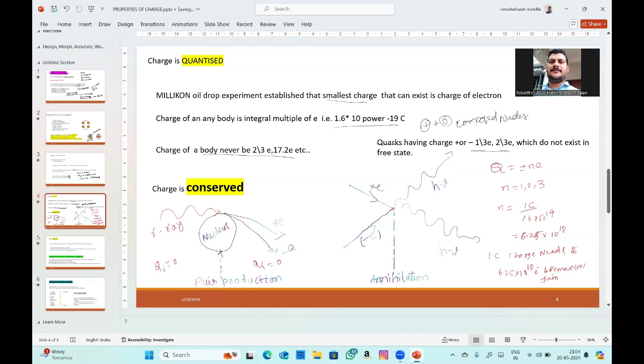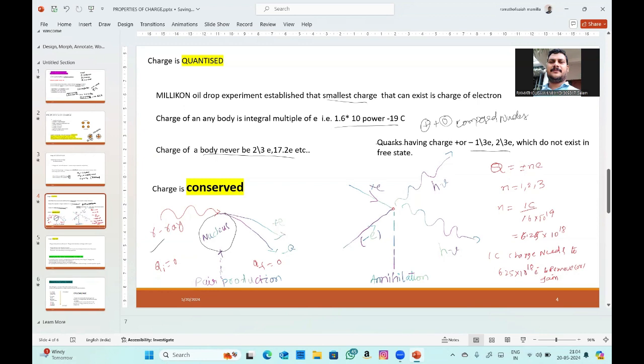So the next property of charge is conservation of charge. Charge can neither be created nor be destroyed. It transfers into positive or negative charge or another form of charge. This other form means either 0, positive or negative. So here, see, the initial charge is 0. Gamma particles have no charge, so they will be emitted to the nucleus, bombarded with the nucleus.